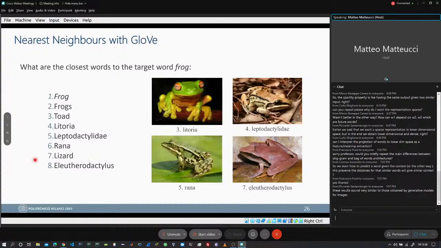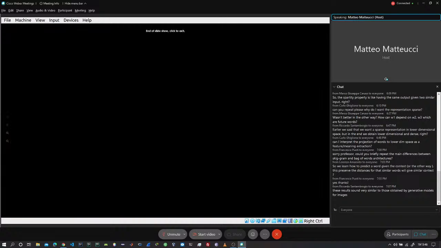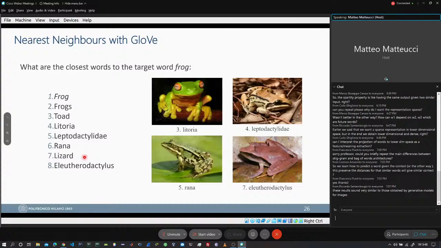There is lizard, which is not a frog, but it makes sense, because the embedding means the typical surrounding context of this word. And all these words share most of the context, and so probably they represent the same thing.